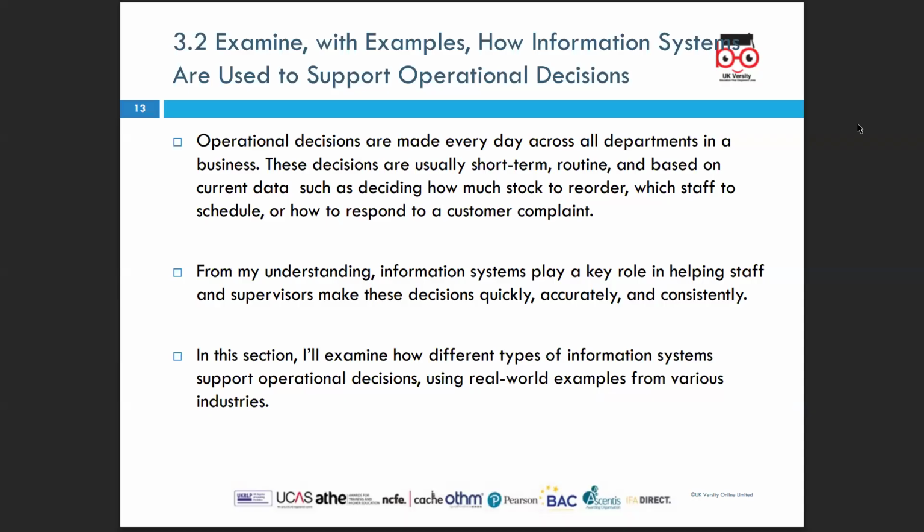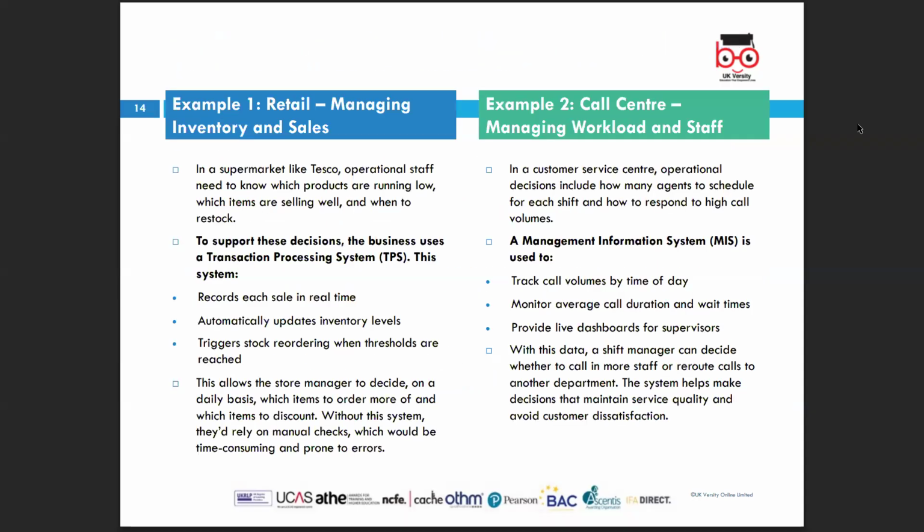And we know now that these are usually short-term and based on current data. So from our understanding, these information systems are going to play a key role in helping staff and supervisors make these decisions quickly. So we're now going to examine how different types of information systems support operational decisions.